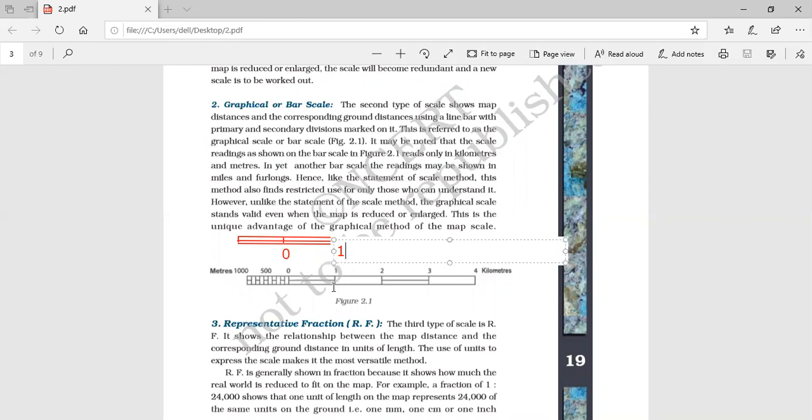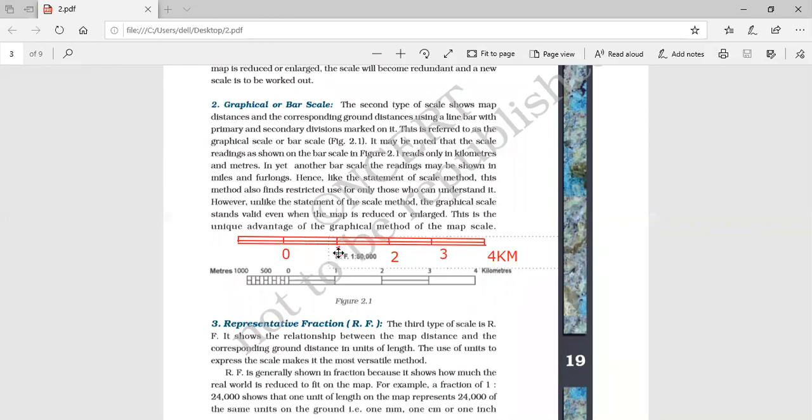I will not write the unit now. This is 2, then 3, and this is the 4th. So we'll write the unit at last, kilometer. Okay, it's done.